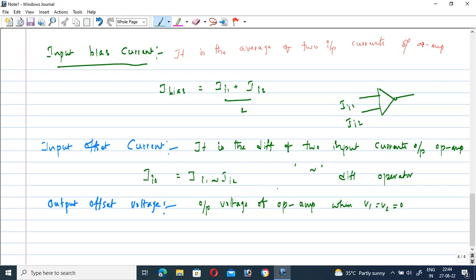VOO is due to dissimilarities in the transistors used in the differential amplifier stages of op amp. Okay, this is output offset voltage.